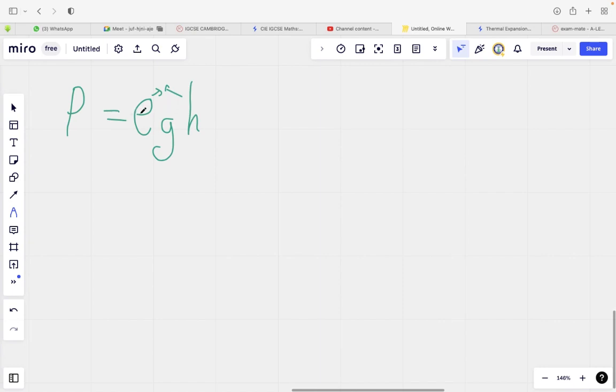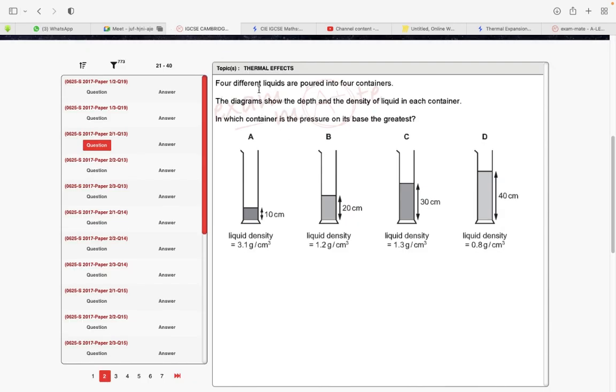These are the two factors that contribute to the pressure greatly. Now, in which container is the pressure on its base the greatest?